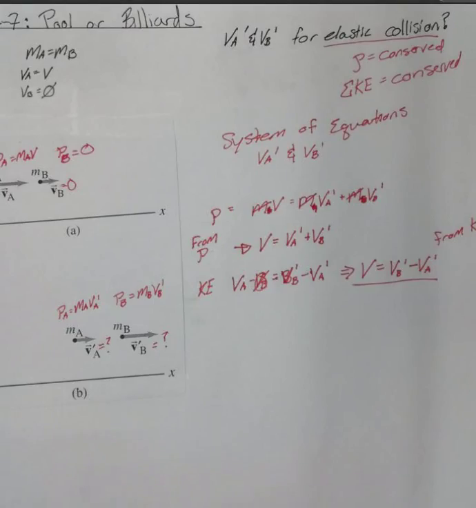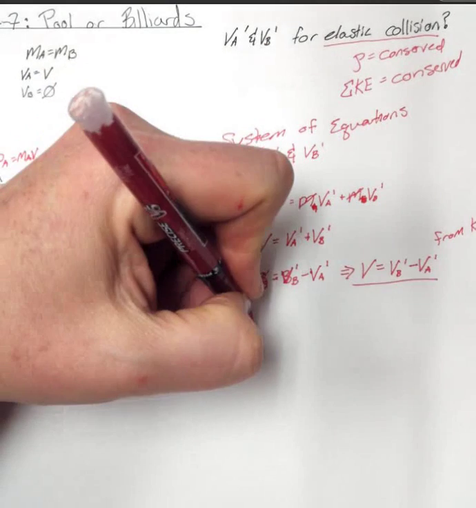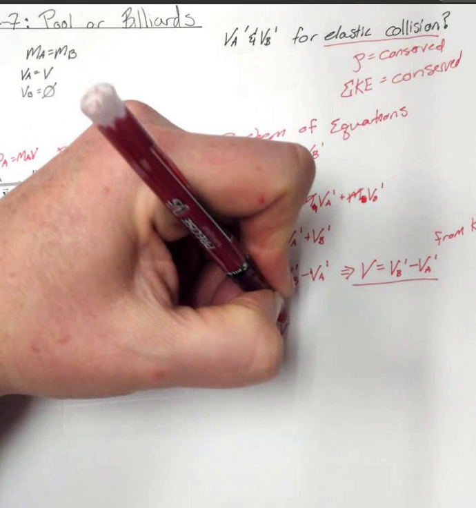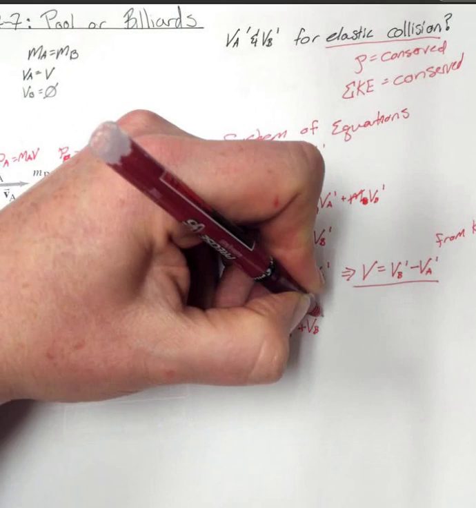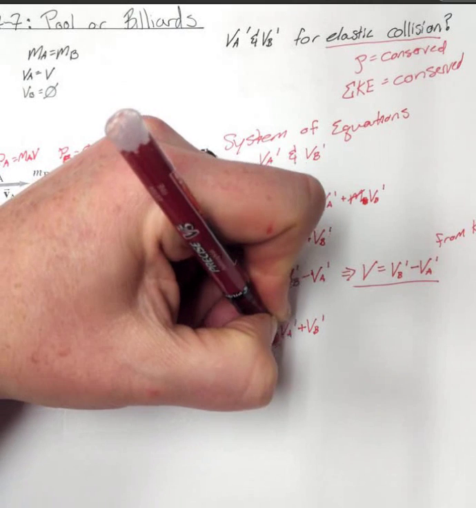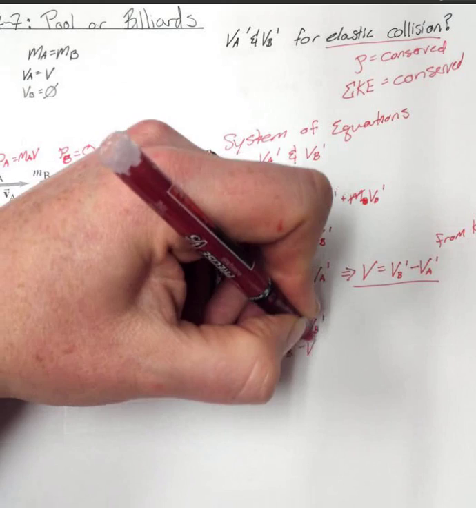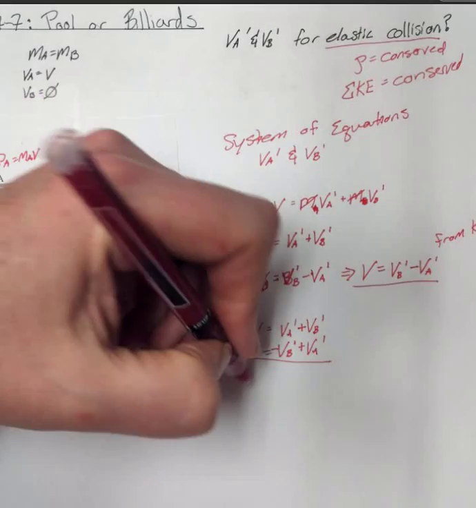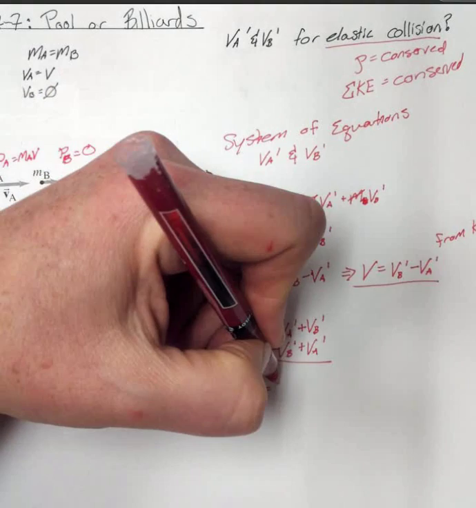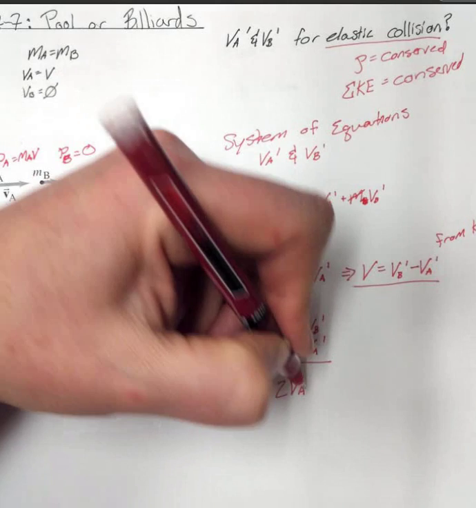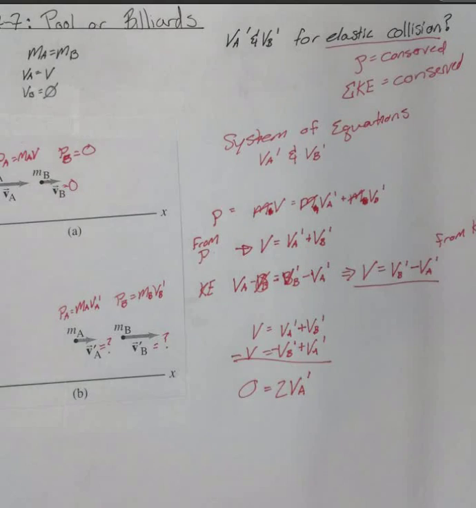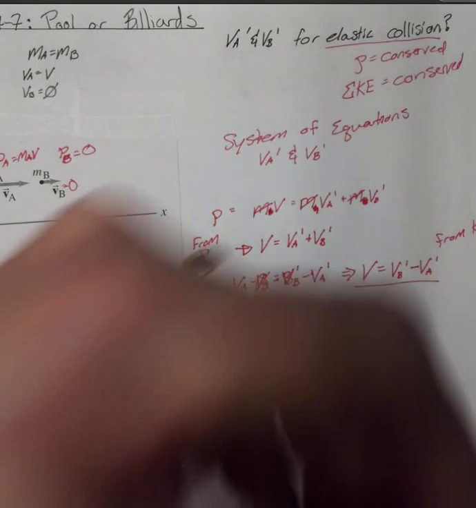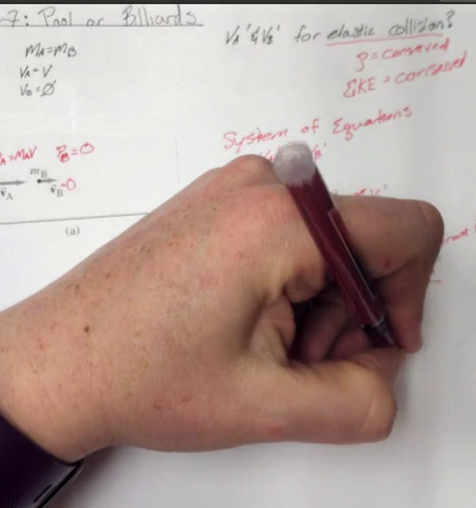Since VA equals V and VB equals 0, we can subtract from the momentum equation, and we get that V equals VA prime plus VB prime, and V equals VB prime minus VA prime. I'm subtracting, so all my signs are flipped, and I get 0 equals 2VA prime. So that means that VA prime is going to equal 0.